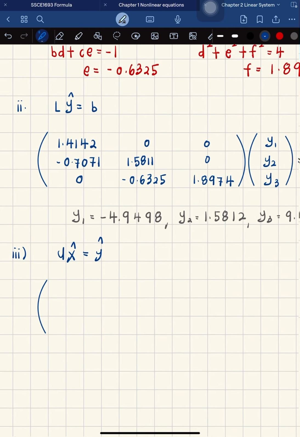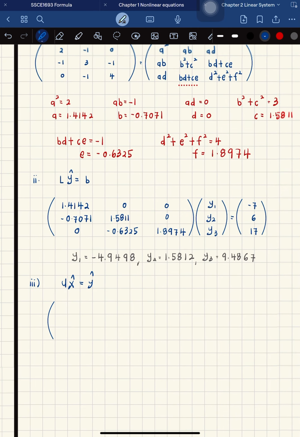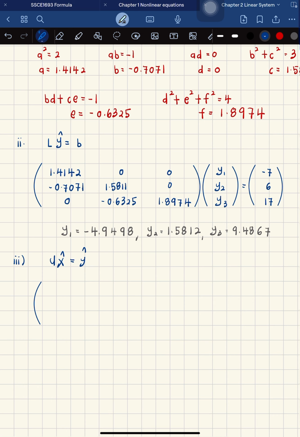So matrix U, what is our A, B, C, D, E, F. So the others will be 0.